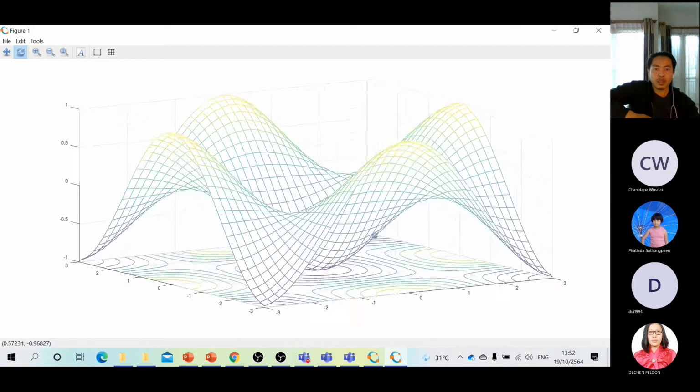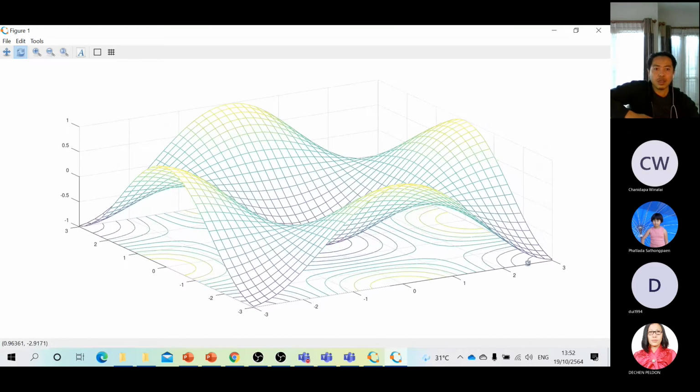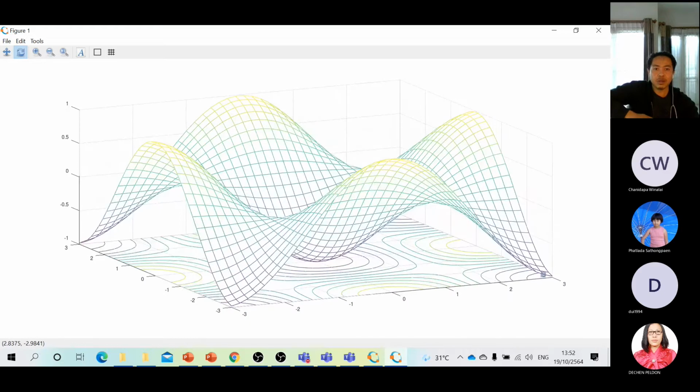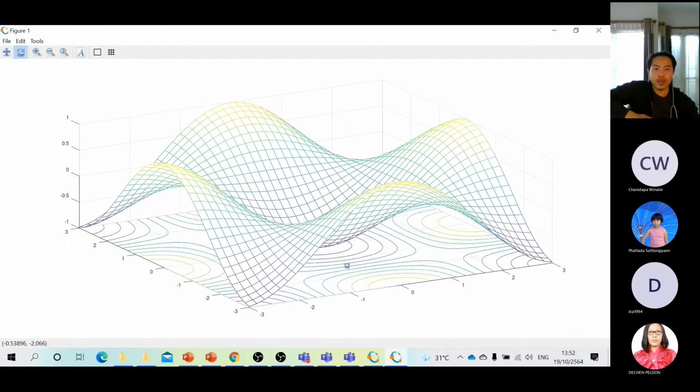Is there another minimum right here? Okay. What else do we have?